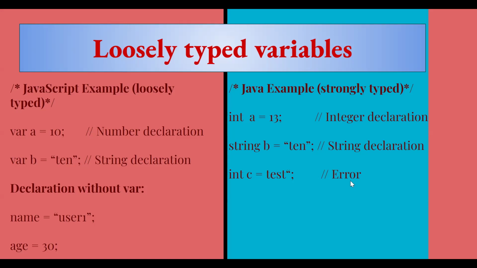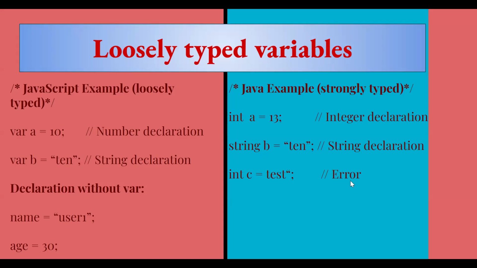For example, if you see in Java, we have to specifically declare data type of that variable, whether it is integer or string. If you give wrong value to data type, you will get error. In JavaScript, the value type of a variable can change during the execution of a program, and JavaScript takes care of it automatically.